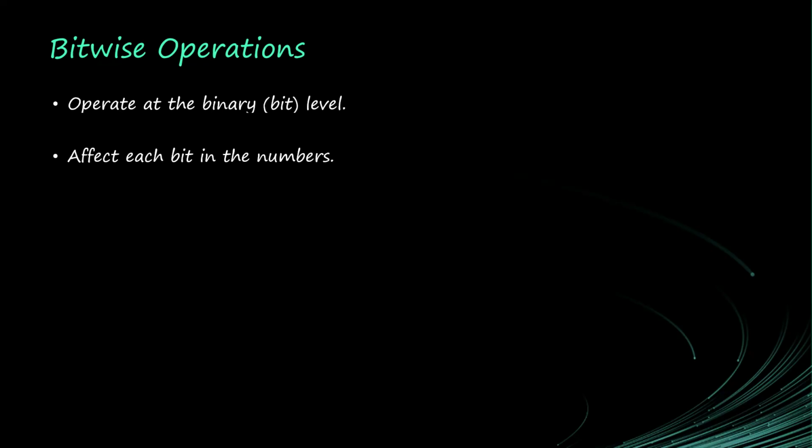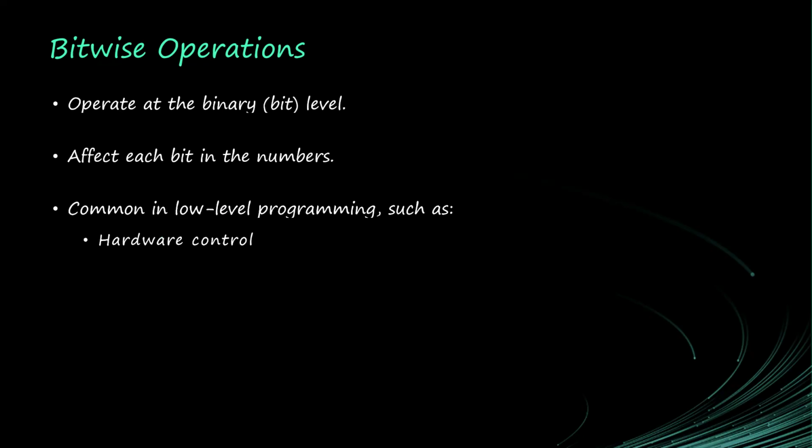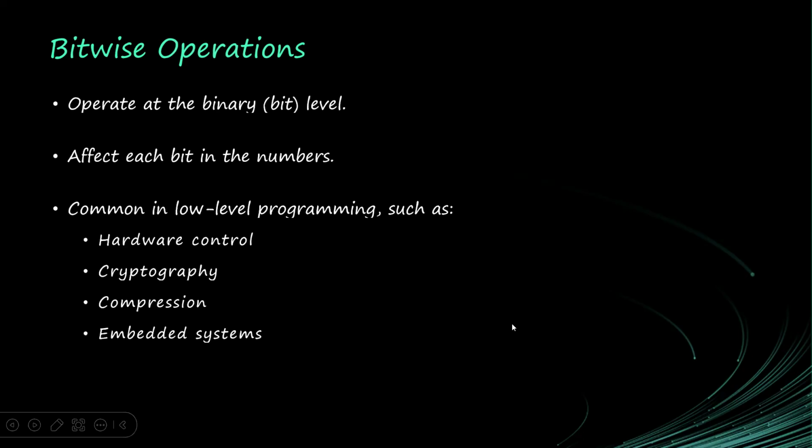When you're working with bitwise operators on numbers, they affect each bit of the numbers. They are common in low-level programming such as hardware control, cryptography, compression, and embedded systems. This is where you mostly use bitwise operations. For logical operations, you mostly use them in high-level languages like JavaScript, C Sharp, or Java.